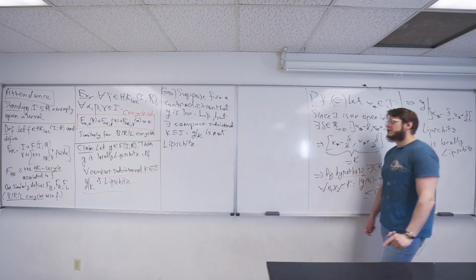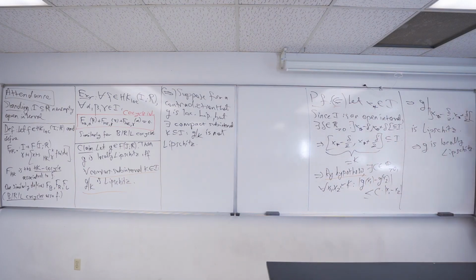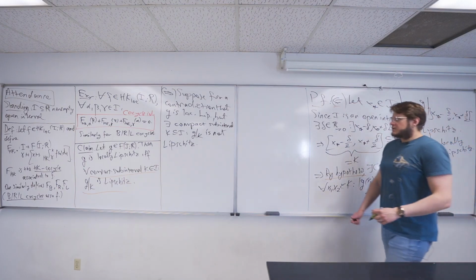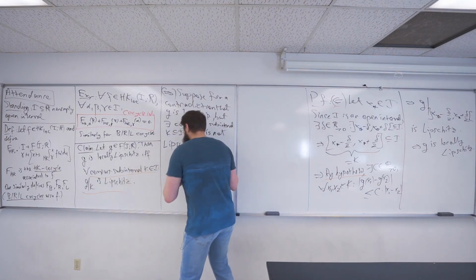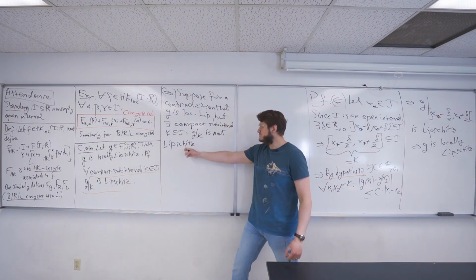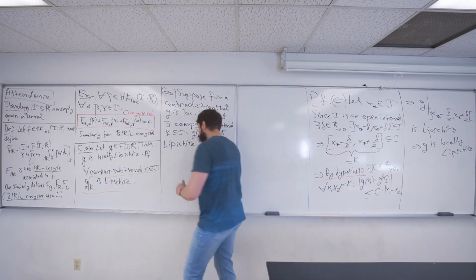Okay. Now what does it mean for G restricted to K to be not Lipschitz? Well, we need to negate again. So how do you do this? Well, let's remind ourselves. We can just write down the condition for Lipschitz property and then negate it carefully.